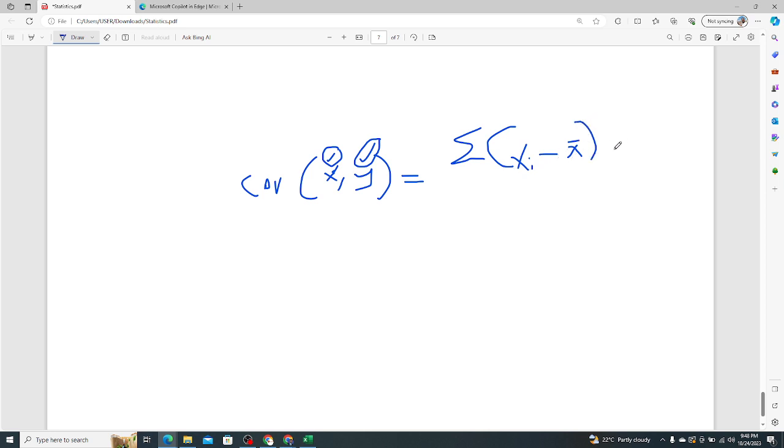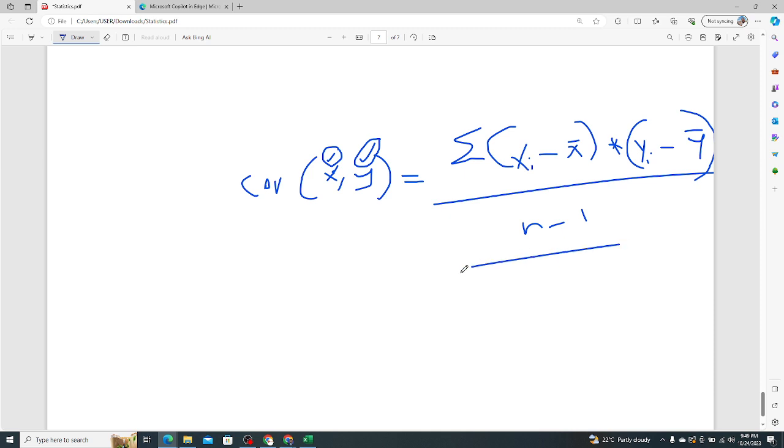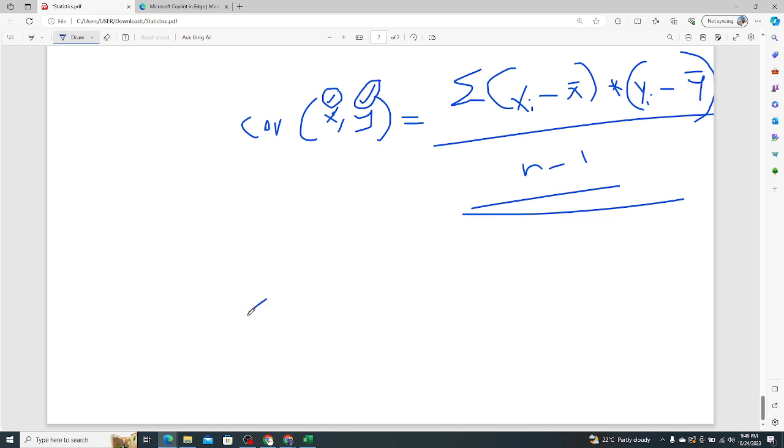We will not square it. We multiply by the variability in the expense, yi minus the expense average. Then we divide by n minus 1 if it is for sample data.